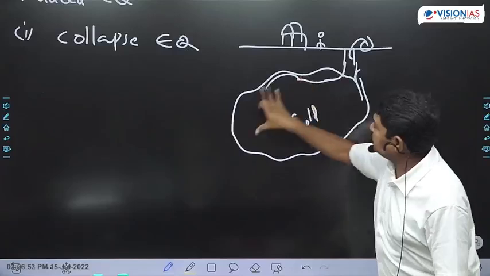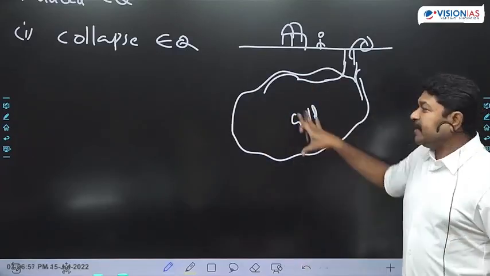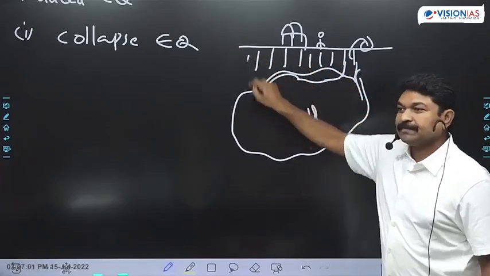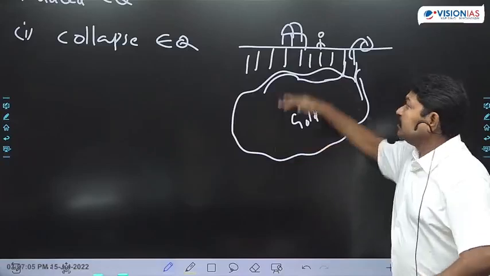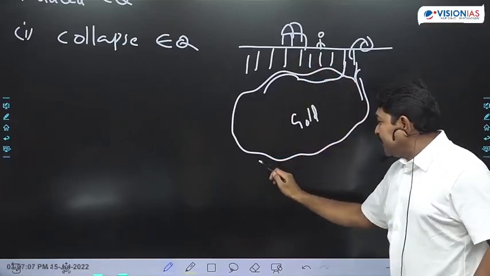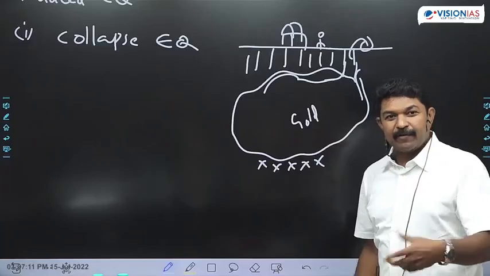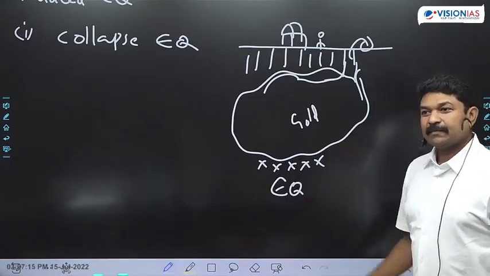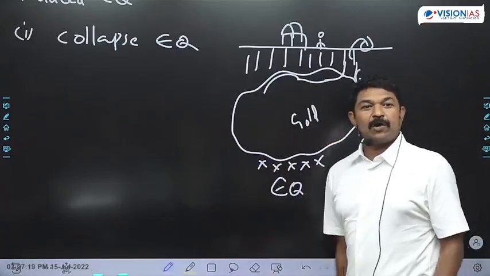Then what happens to this place? There's an empty space. When there is empty space, there is no support for this piece of land, so all of a sudden it collapses. The moment it collapses, the rocks break. Whenever the rocks break, what is the phenomenon called? Earthquake. Where are the rocks breaking? In the interior. That is called the collapse earthquake.